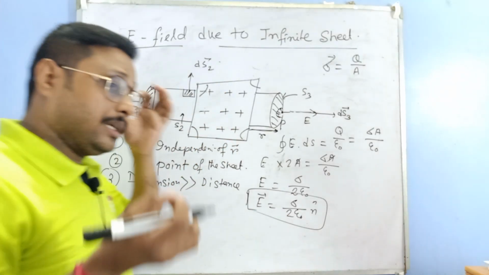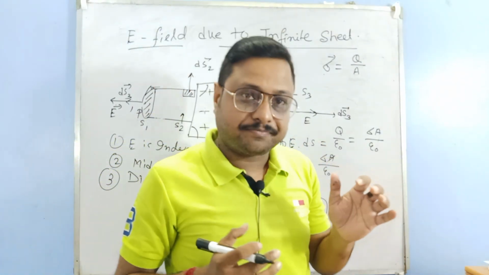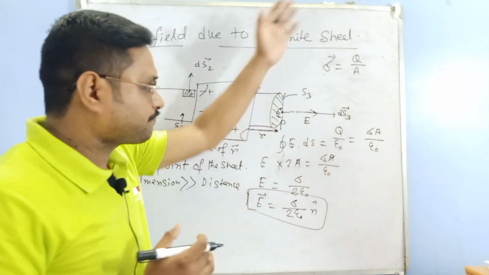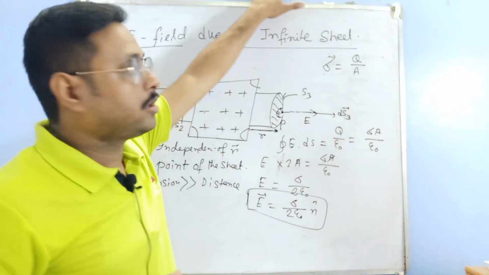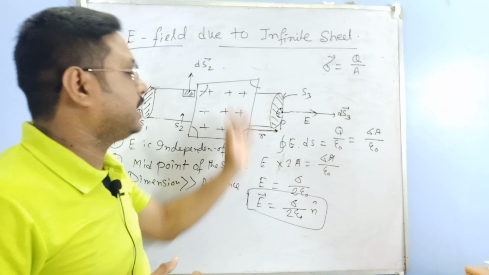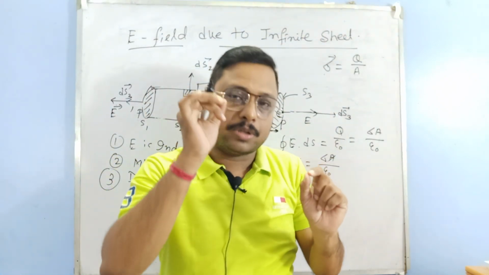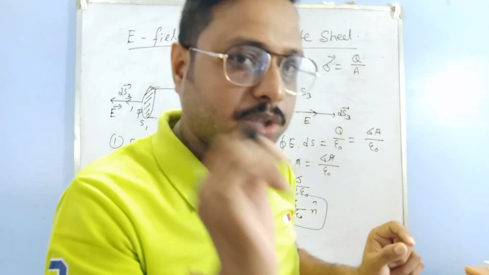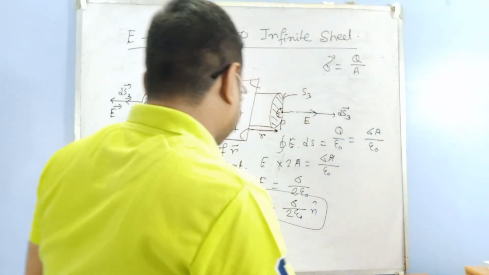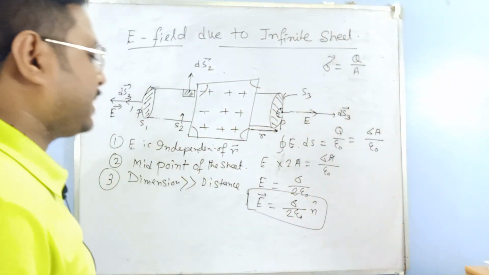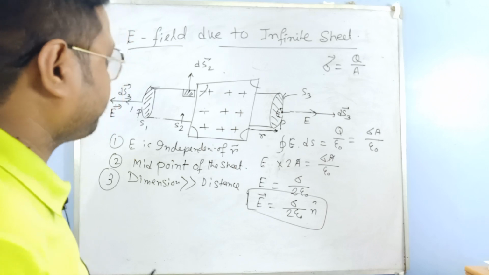Suppose a little ant is moving on a large sheet, like a wall, so this is considered to be infinite to the end. So in this case the field is equal to 2 sigma by 2 epsilon naught into n cap.